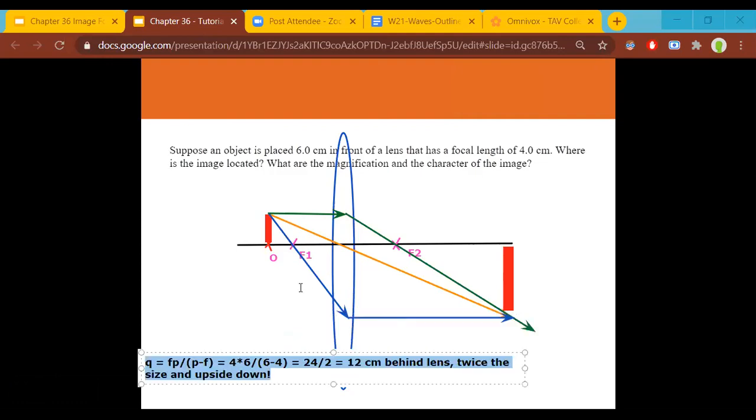And it's positive. 12 centimeters positive means that it's on the other side of the lens, on the other side of the object. And if you do the magnification formula, you get negative 12 over 6, and that gives you a magnification of negative 2. So it tells you that the image is upside down and twice the height.